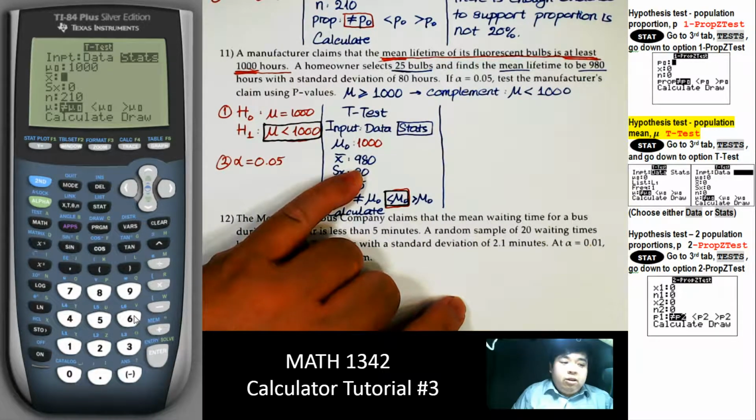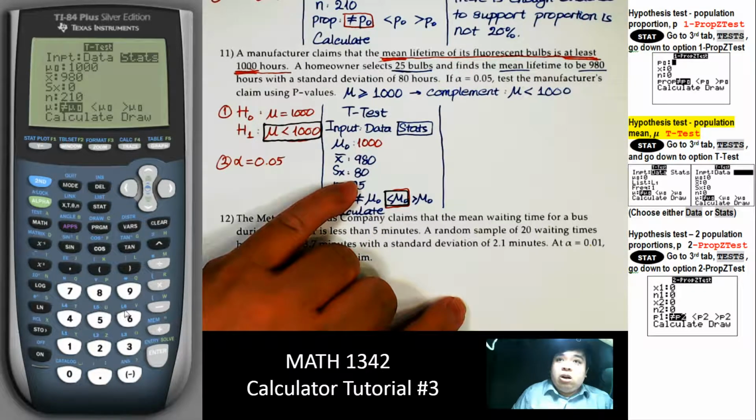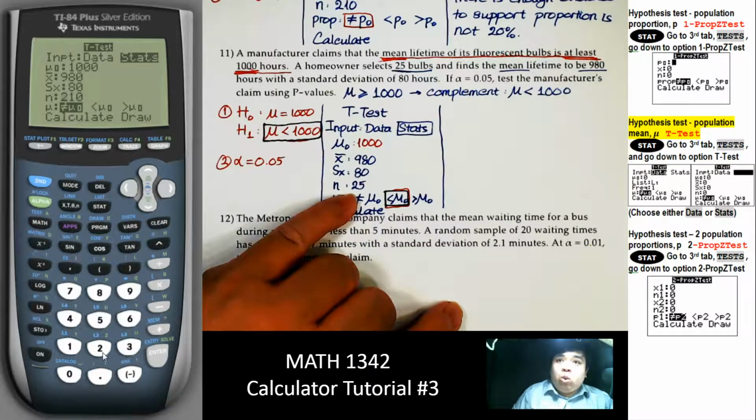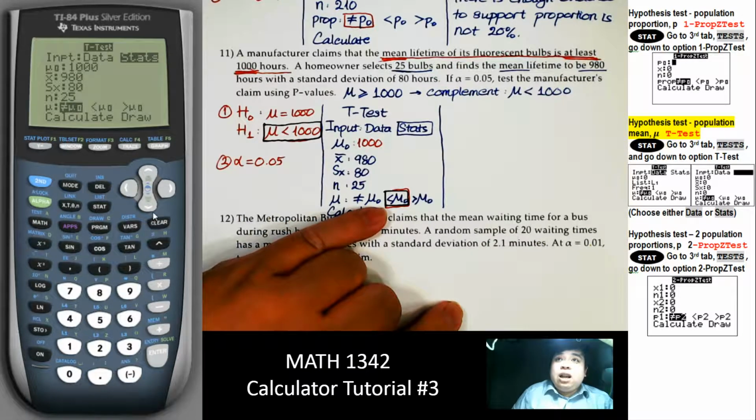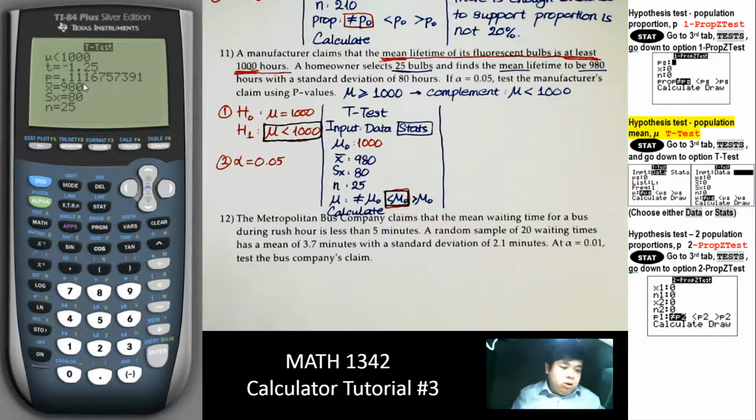The sample mean for that sample is 980, standard deviation of 80, and there are 25 of them, and this one is less than. We'll calculate, and we have the p-value.